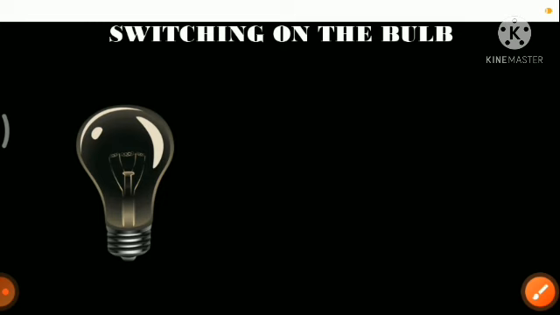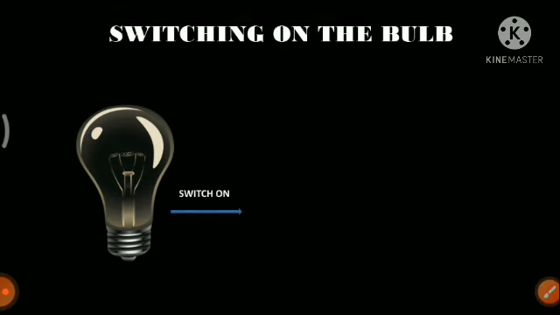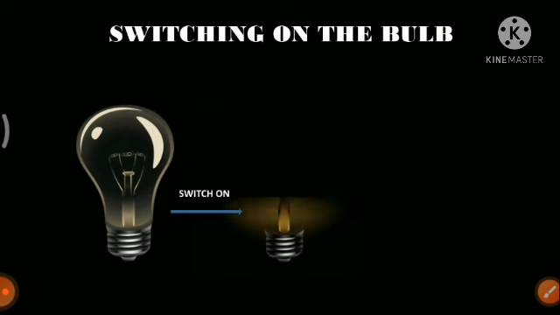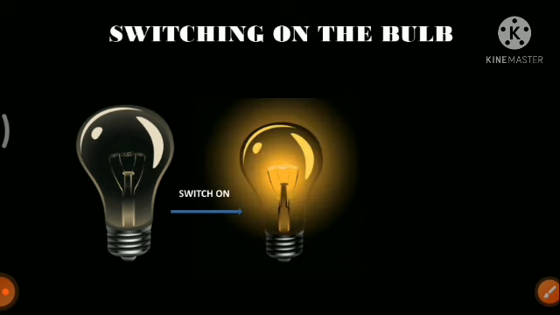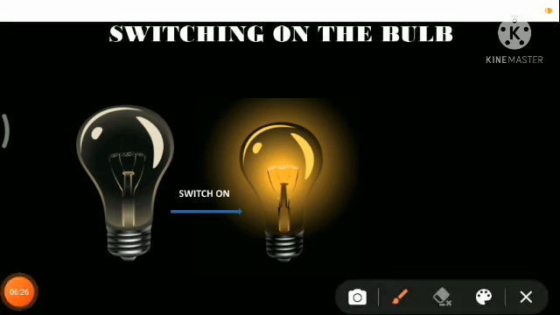Now we will switch on the bulb, and the bulb will glow. Yes, here you can see the bulb is glowing. The filament glows, and due to this we get light, but the overall shape of the bulb remains the same. Only its appearance changes.